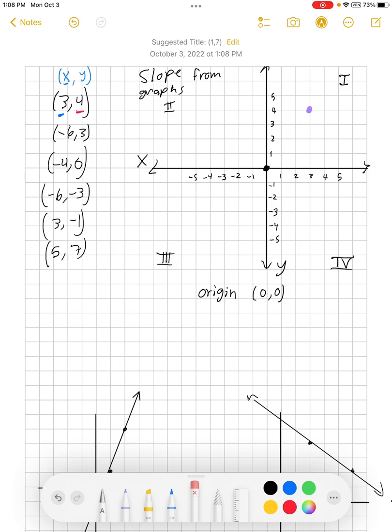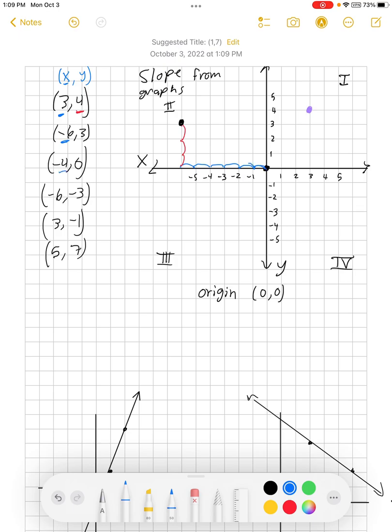We can repeat this process for the other 5 points. So let's first start with our blue. In this case, we're moving in a negative direction, so I'm going to go over -6, 2, 3, 4, 5, 6, and then up 3. We'll put our dot right there. Keep going.